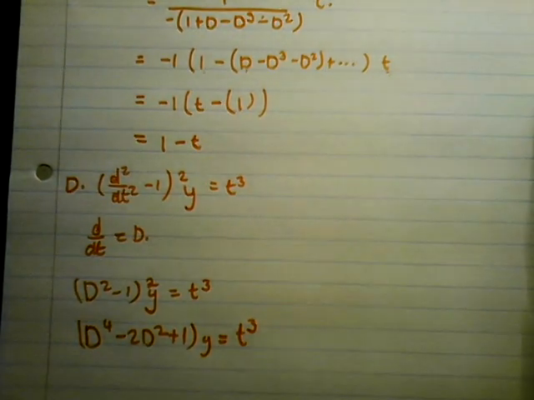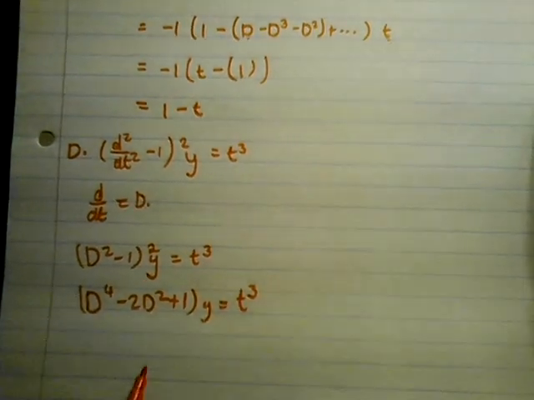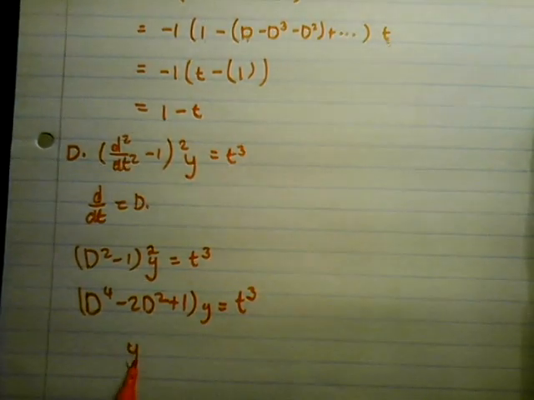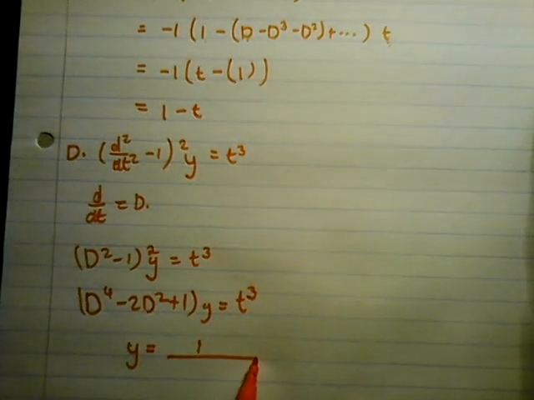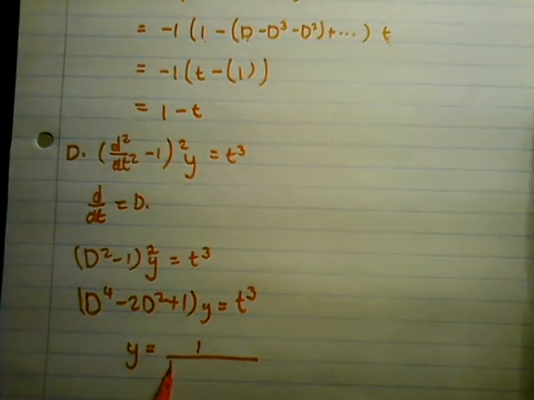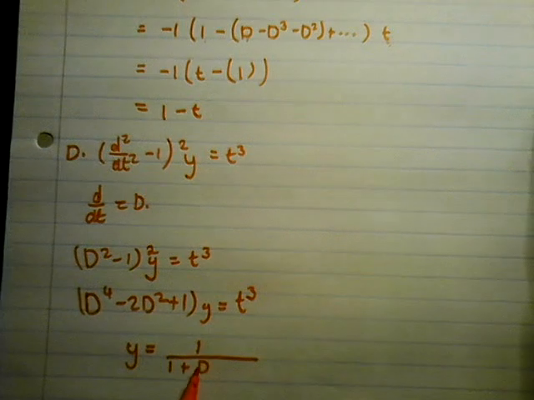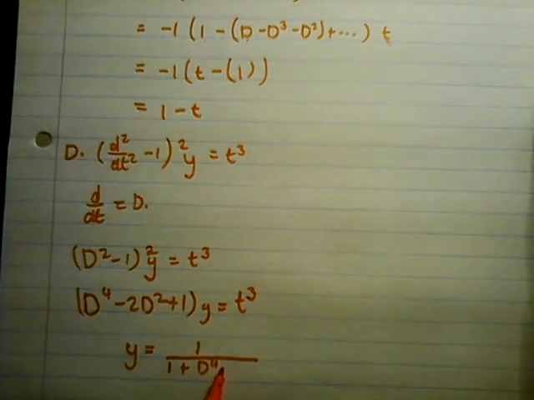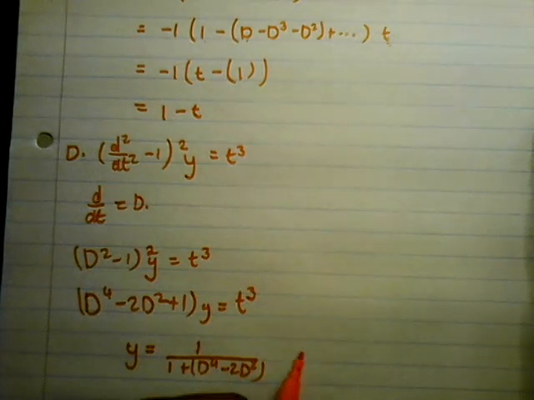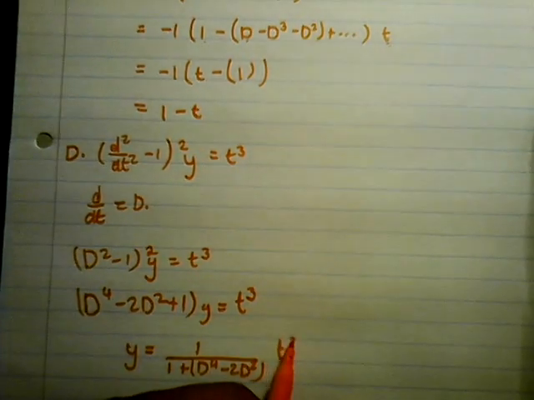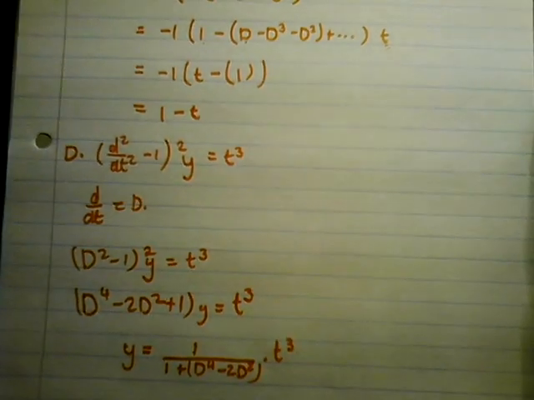And then y is given by 1 over 1 plus D to the power of 4 minus 2D squared, multiplied by t cubed.